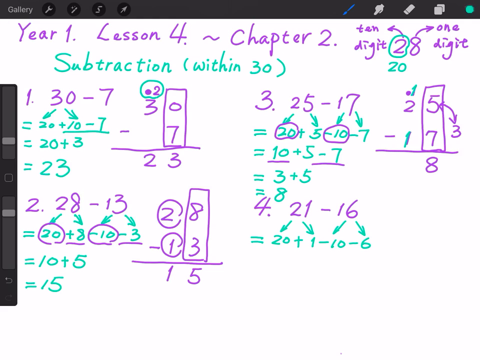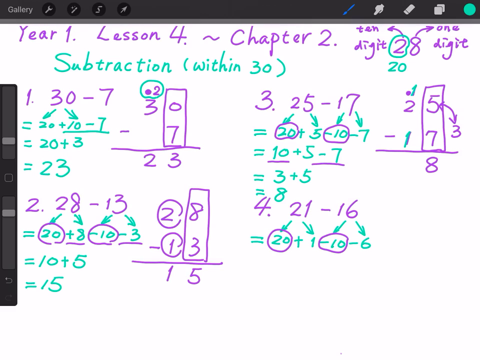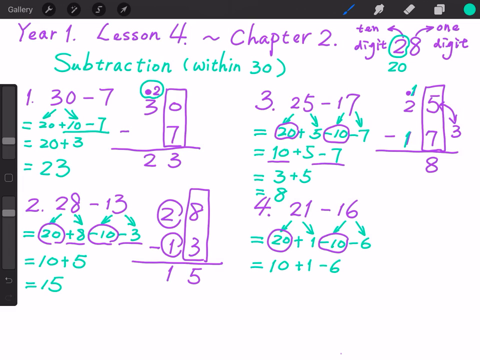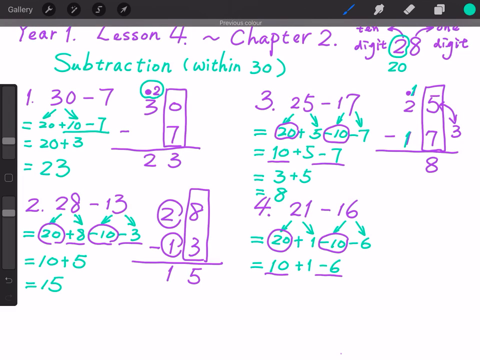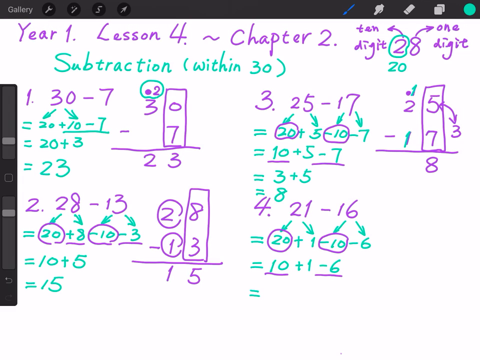Again, first we can use 20 to minus 10. 20 minus 10 equals 10. And then plus 1 and minus 6. Good, friends of 10. 10 minus 6 equals 4. And then plus 1. Finally, we can get 5.